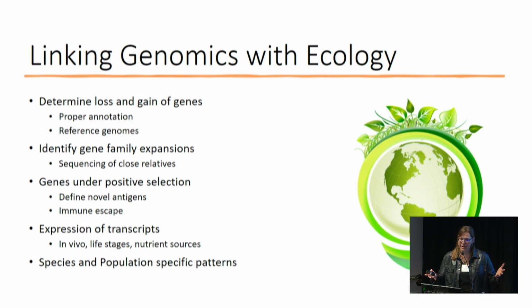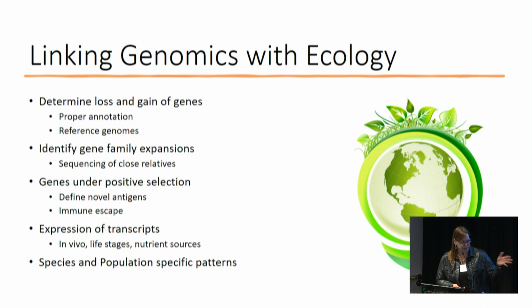We want to expand that to looking more broadly, both between the species, comparing to other genomes, now that we have a lot more genomic data. We want to look at genes that are potentially under positive selection. So genes that are rapidly evolving, maybe genes that are associated with antigens, right? So those might be a way that we can detect novel antigens in the genome by using those approaches.